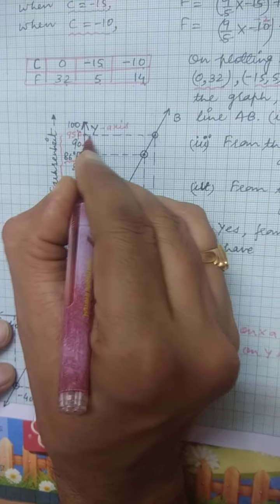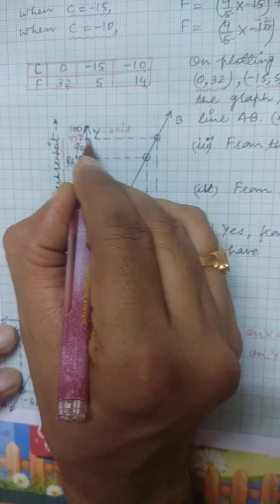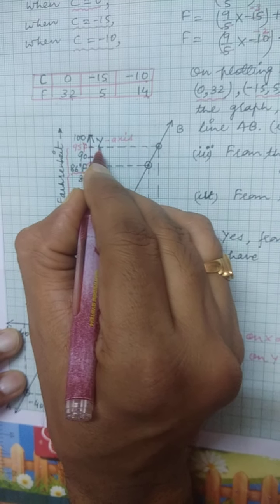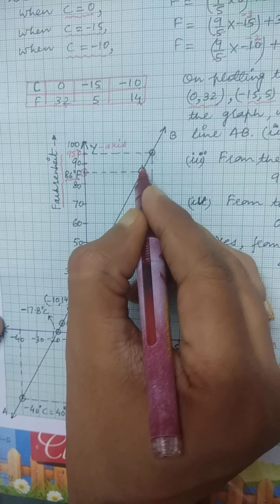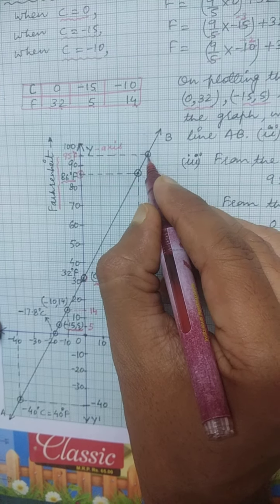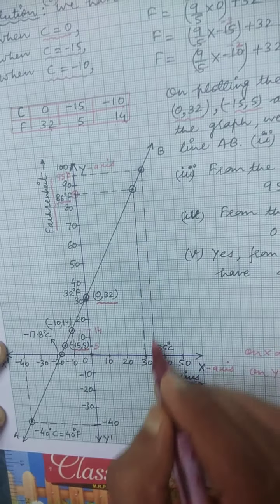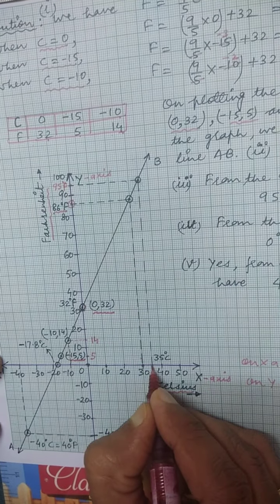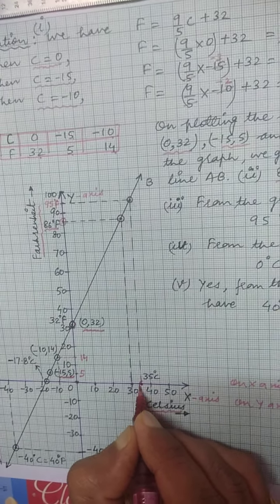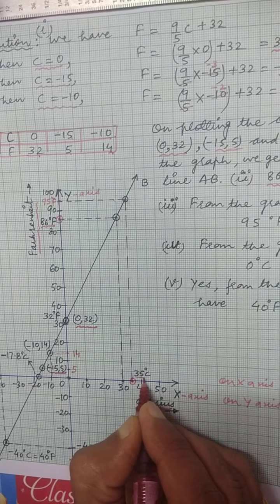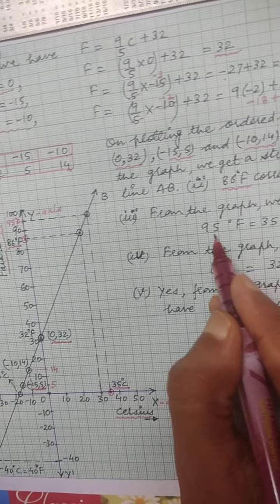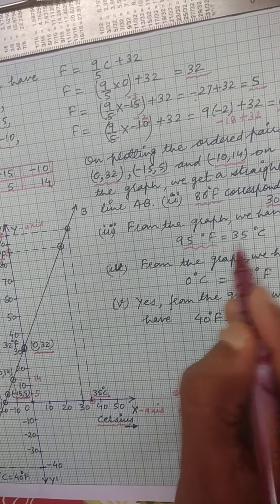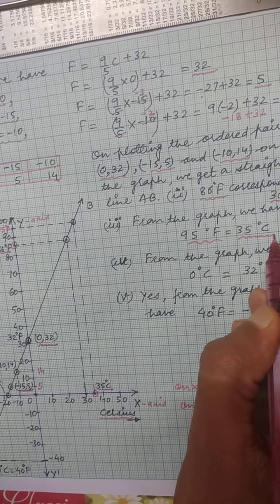So when we go perpendicular, it will intersect the line AB at this point, and again when we move perpendicular to the x-axis, we will intersect the x-axis at this point, which is your 35 degrees Celsius. So from the graph we have found out that 95 degrees Fahrenheit is 35 degrees Celsius.